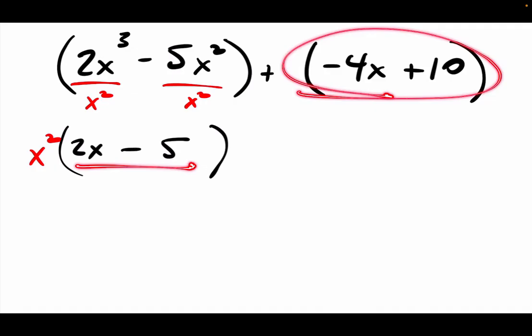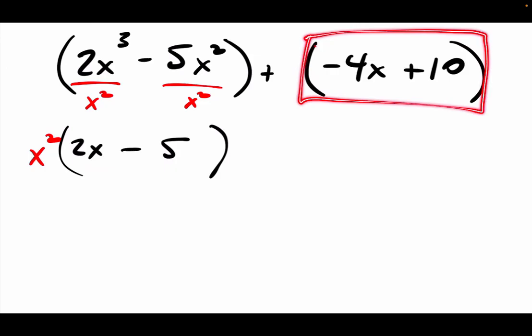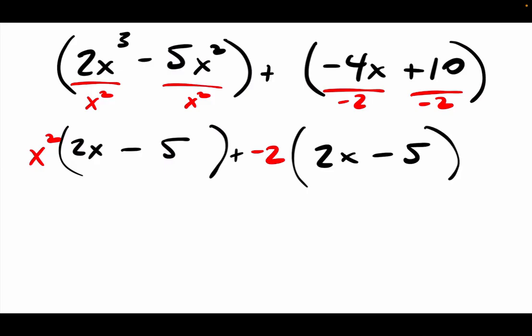That's the trick, right? So what can I divide both of them by so that it gives me 2x minus 5? Negative 2. So that'll tell you what your GCF is for the second guy. Whatever it takes to give me 2x minus 5. Okay, so negative 2. That's going to leave 2x minus 5.